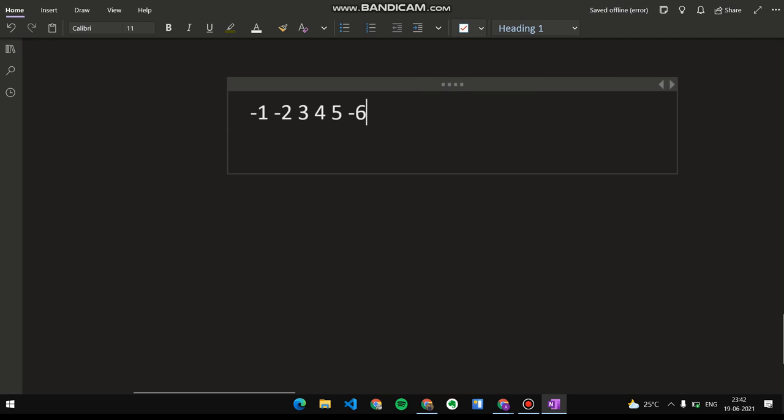There is an algorithm for this. After segregating the positive and the negative, we can get 3, 4, 5, -1, -2, 6. This can be done using 2 pointers. We will see that in our solution.